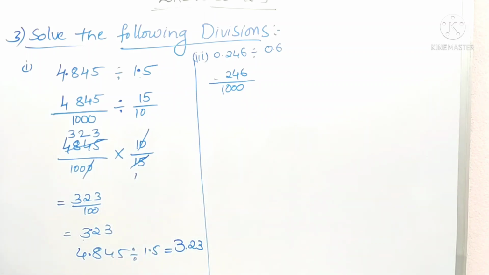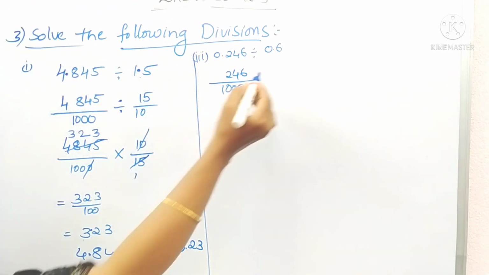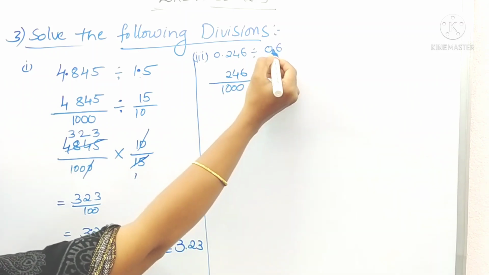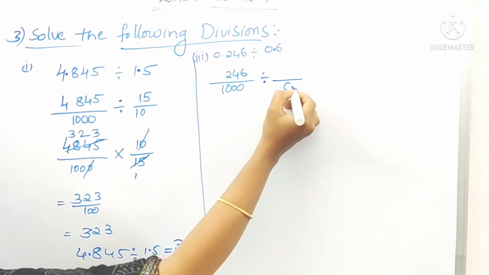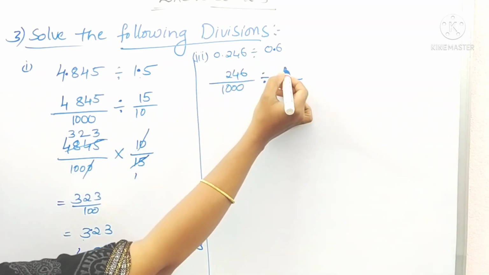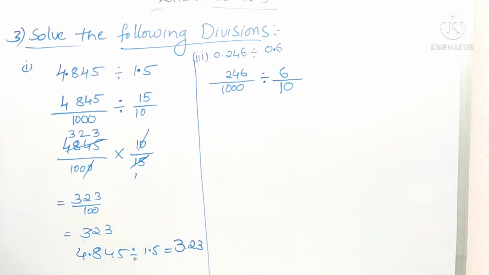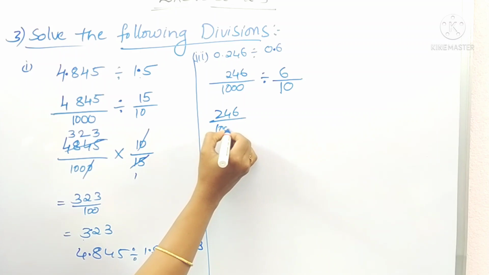So this 0 does not have any value, right? Divided by, and here 1 digit is there after the decimal point, so write 1 zero after 1 and remove the decimal point. It will be 6 by 10. So now it is 246 by 1000.